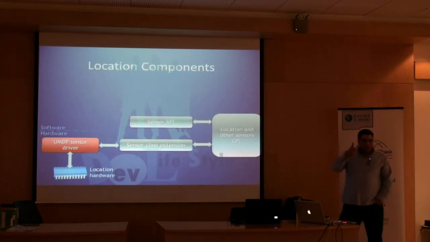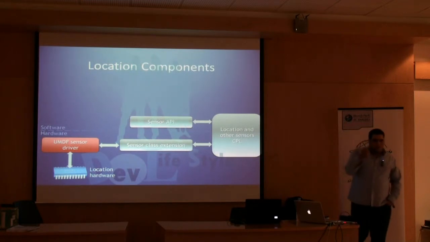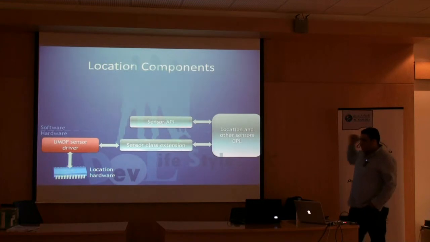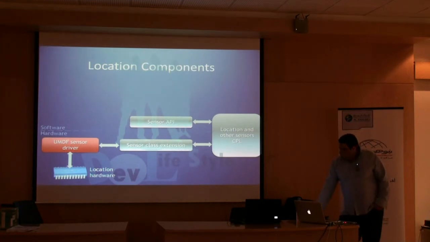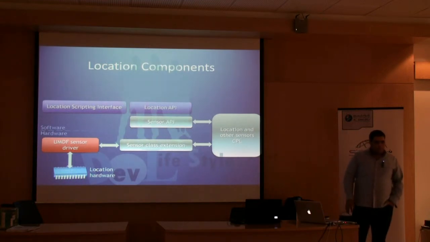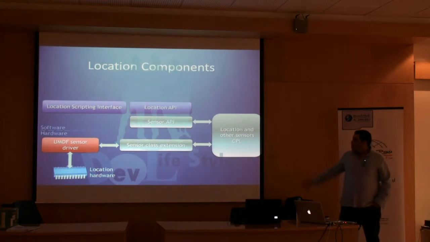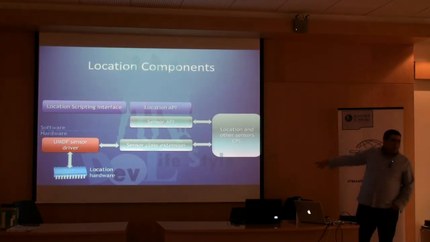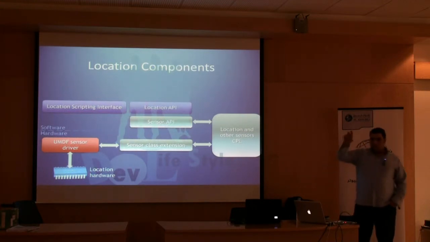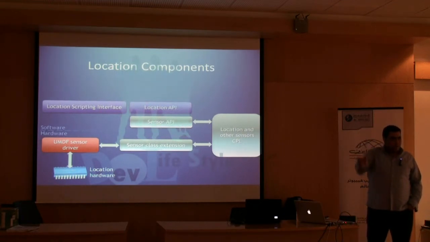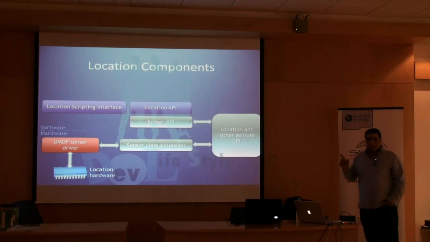As I said, location is specifically more valuable and more interesting. So on top of the previous one, we will have something specific for the location APIs. But here, it's not only the location API, we can have a scripting interface. So you can use the location sensors through widgets or scripts. Like in Windows 7, you can add widgets to your desktop.